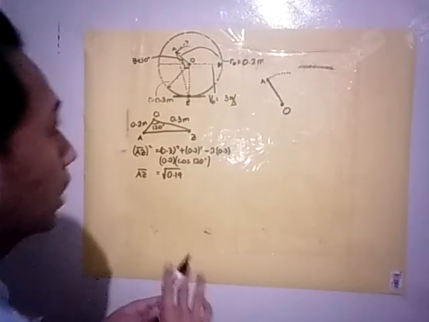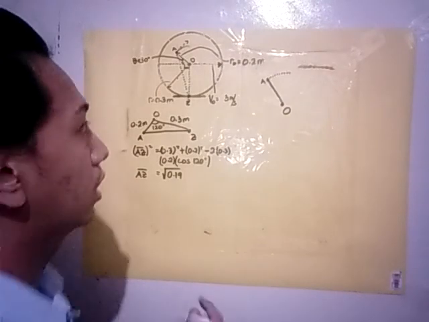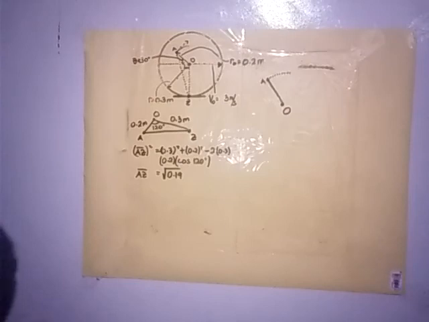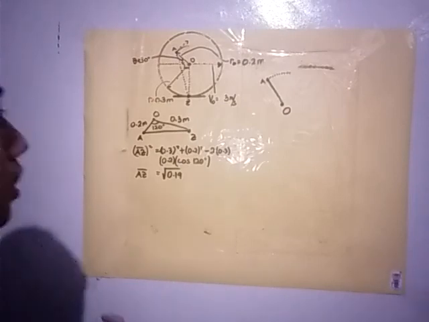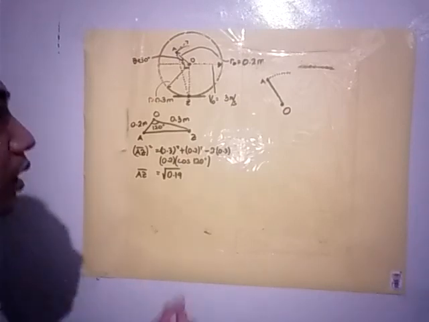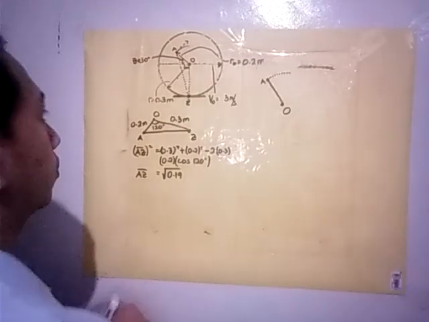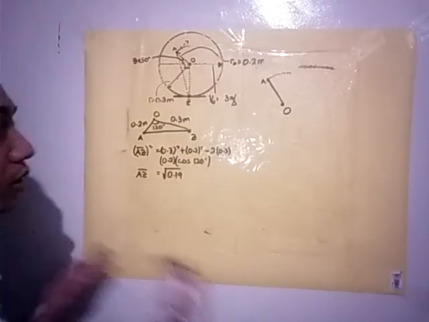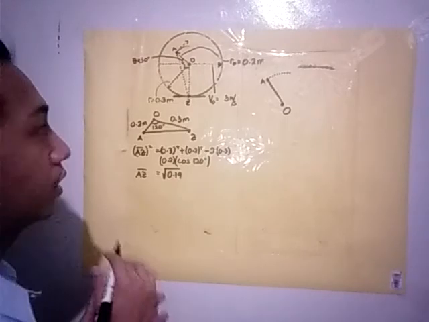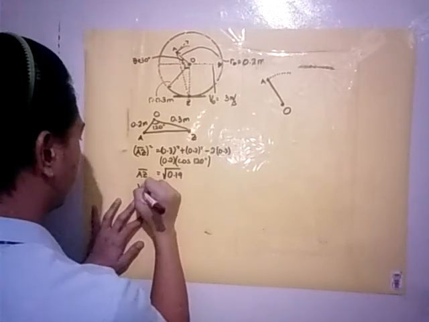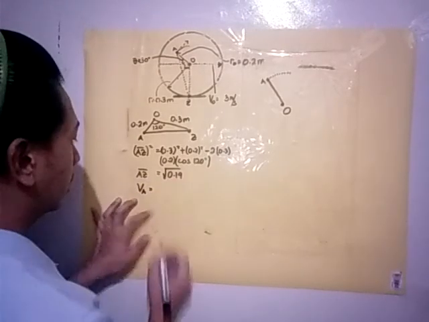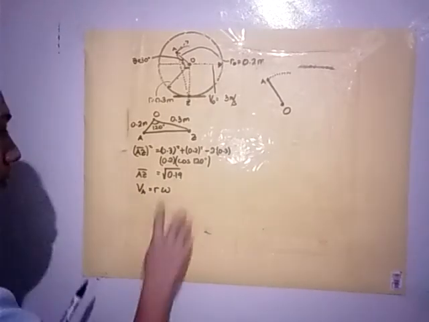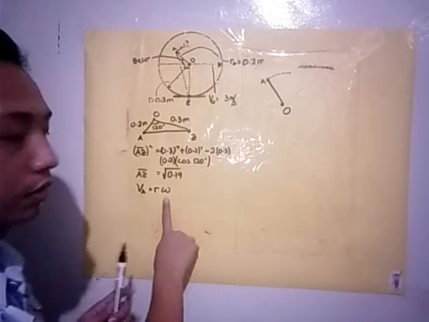Given that it has a curved path, we can calculate its velocity, but not at point O, but at point Z. So the velocity of A is equal to the radius times the angular velocity.